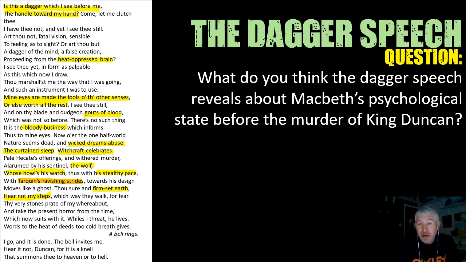He's asking the ground to be quiet so that no one can hear him, or he's asking for total silence, or to be ignored. He wants nature to ignore what he's going to do. So there are two things there. One, hear not my steps, as in don't let anyone hear what's going on, so no one will be a witness or come out and disturb this. The second is that he wants nature to ignore what he's going to do.